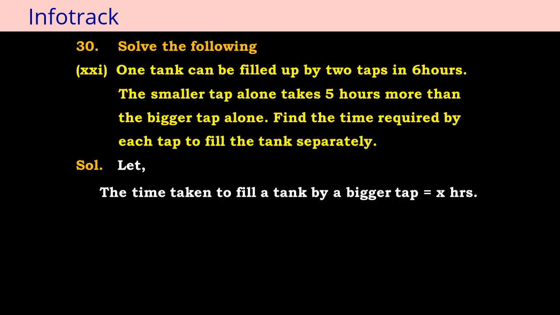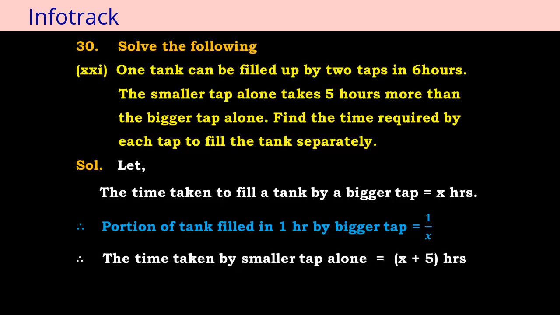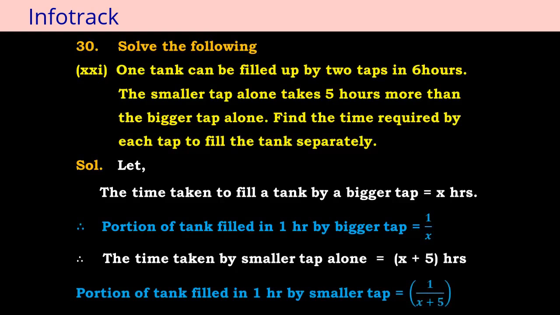Now the time taken to fill the tank by the bigger tap is x. That means the portion of the tank filled in 1 hour by the bigger tap is 1 upon x. And the time taken by the smaller tap alone is x plus 5. Therefore, the portion of the tank filled in 1 hour by the smaller tap is 1 upon x plus 5.